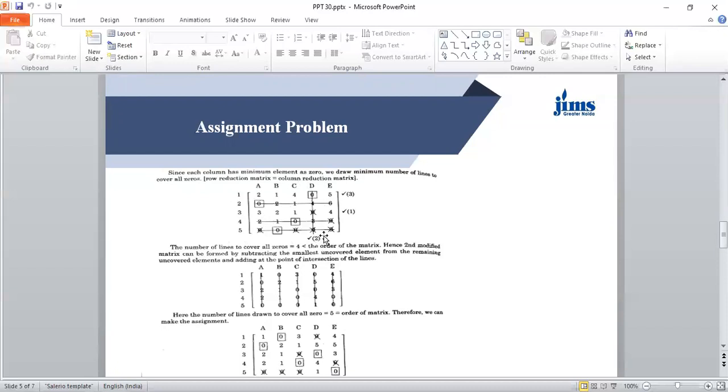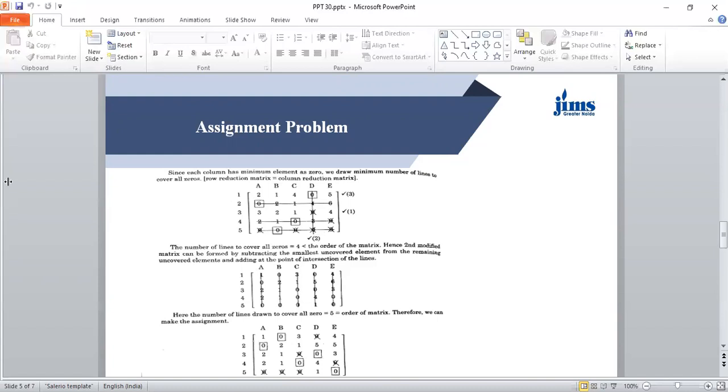As a matter of rule, to find the minimum number of lines to cover all zeros, you first delete the row or column which has the maximum number of zeros, and subsequently you go on deleting the rows or columns where there are fewer zeros, and if you proceed like this, you will get the minimum number of lines.